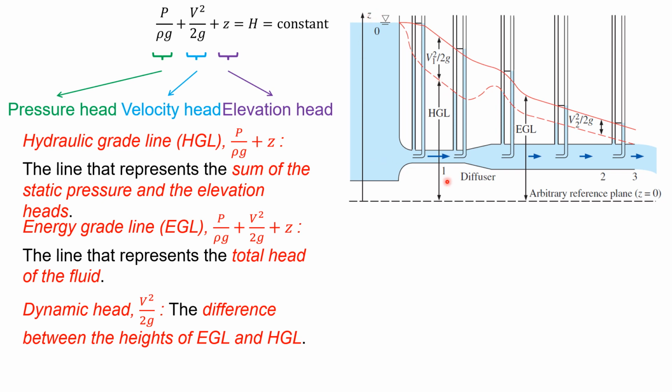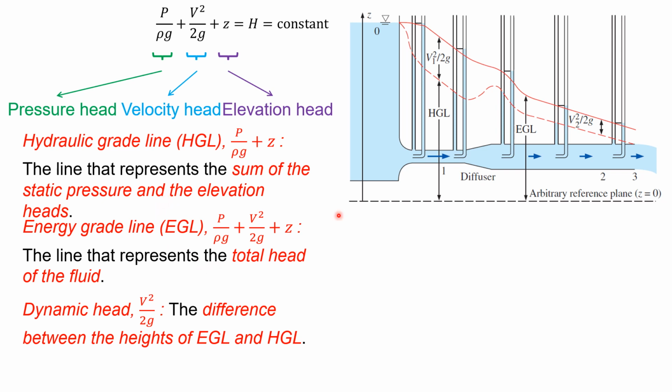Let's say you have a system, like a dam. Suddenly you have a diffuser and also a pipe going to another point. So you can have flow checkers here, like how we had earlier.